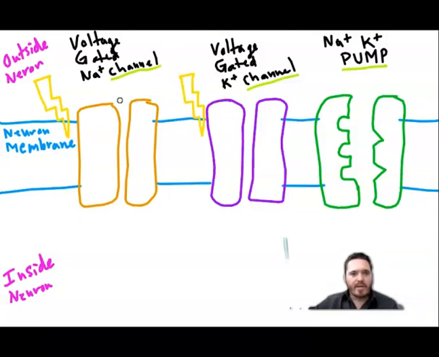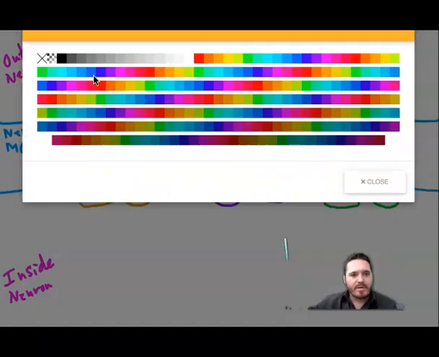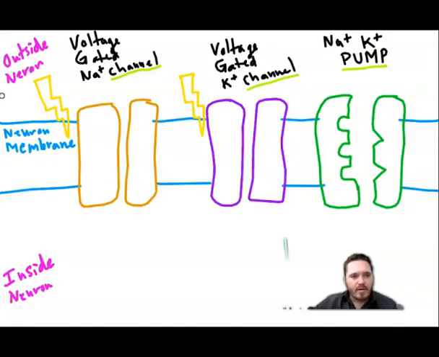So the way that it starts off is outside the neuron, it's more positive. So I will go ahead and write more positive. Okay? Inside the neuron, more negative. Okay?